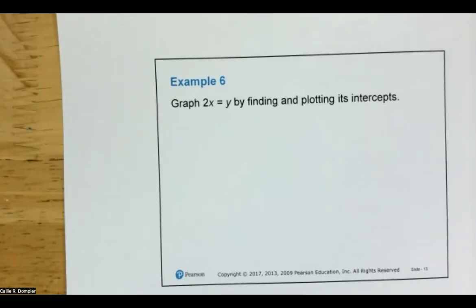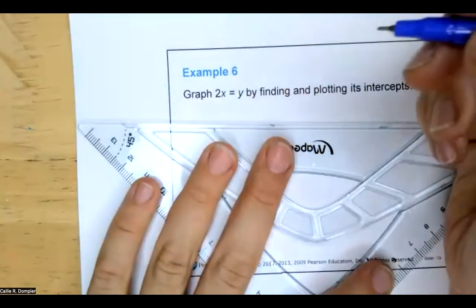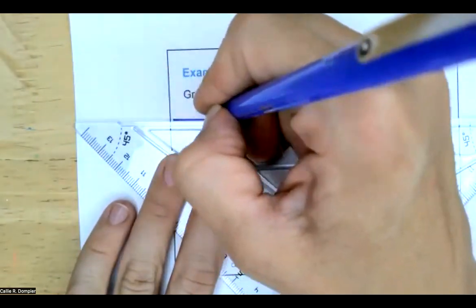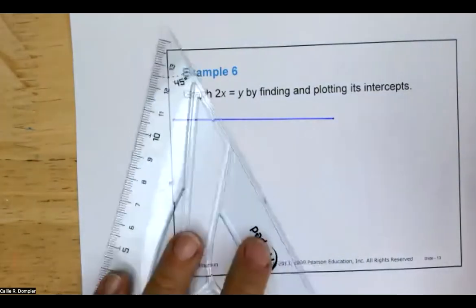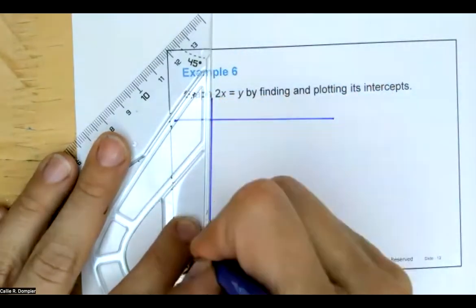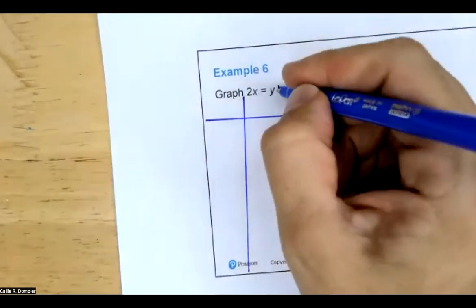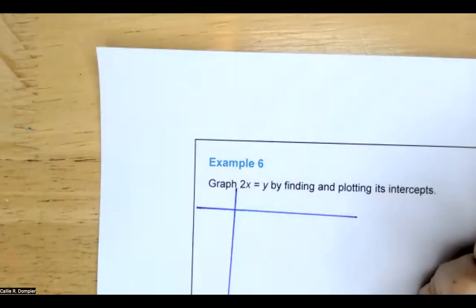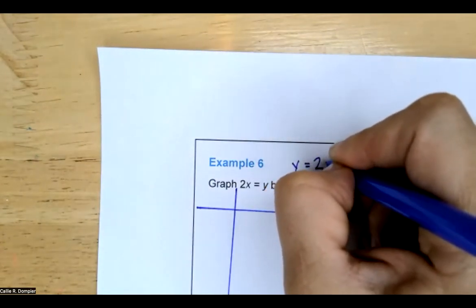So instead of immediately graphing, on Desmos, let's just see what we find for the x-intercept. All right, 2x equals y. First, we're going to set it equal to y. It's already equal to y. It's just reversed. So you can just write it as y equals 2x if you want.